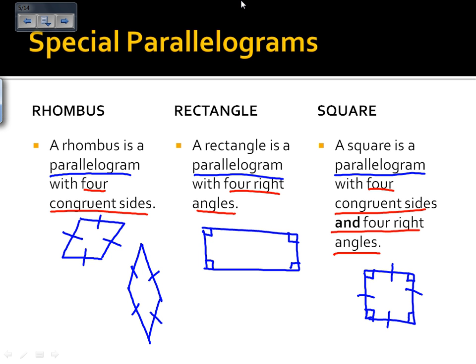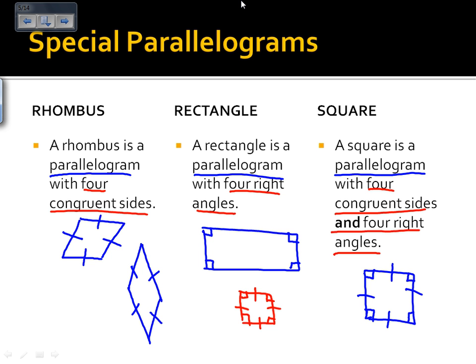Yeah. So, if I draw a rectangle like this, is that a square? No. Let me ask you this, though. Is this a rectangle? Yeah. Why?